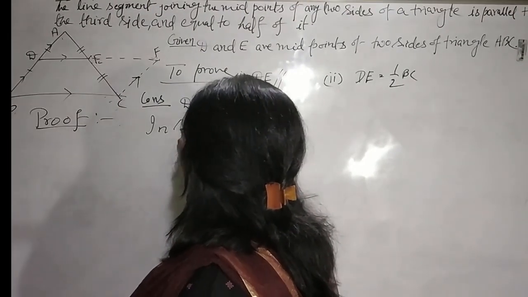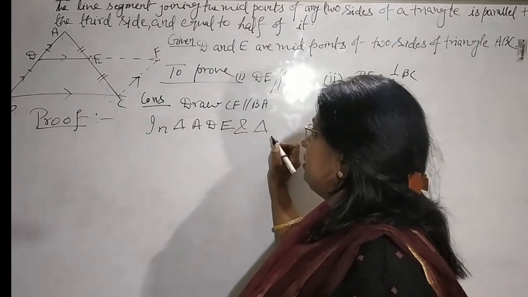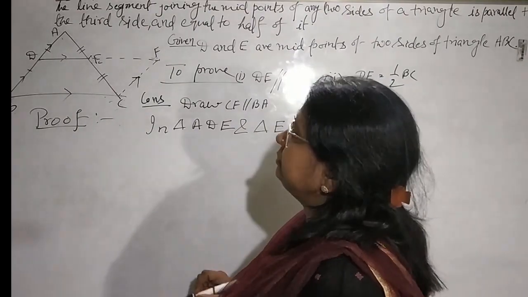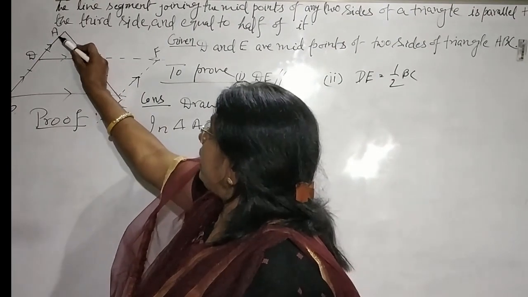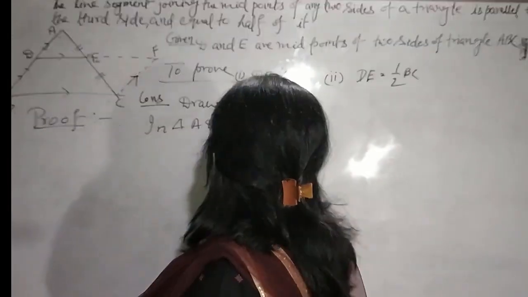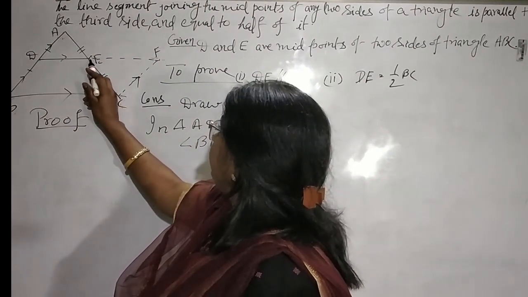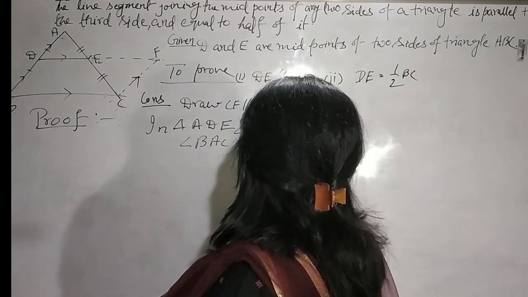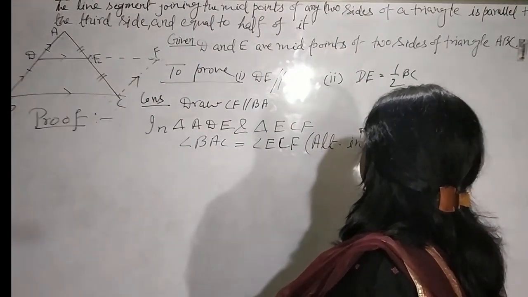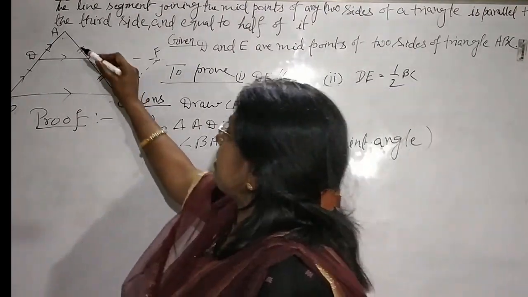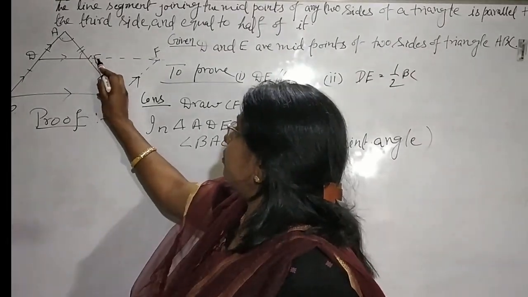In triangle ADE and triangle ECF, as BD is parallel to CF, which I have already taken in the construction, angle BAC is equal to angle ECF because of alternate interior angles.